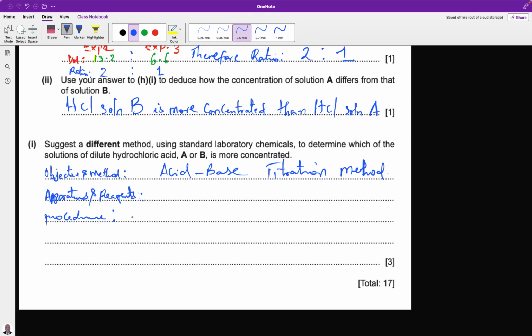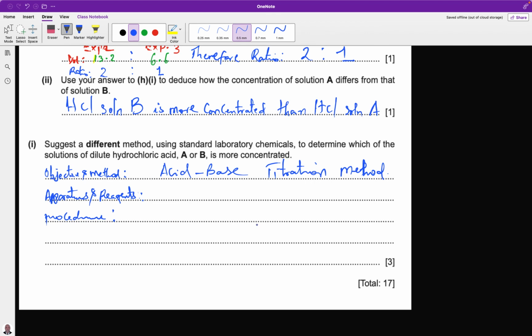You can say follow the acid-base titration procedure we used in the first experiment. Or you can say pipette 25 cm cube of 1 mole per dm cube sodium hydroxide into a conical flask. Add 4 drops of phenolphthalein indicator, then slowly add acid from the burette while swirling until the color changes from pink to colorless.